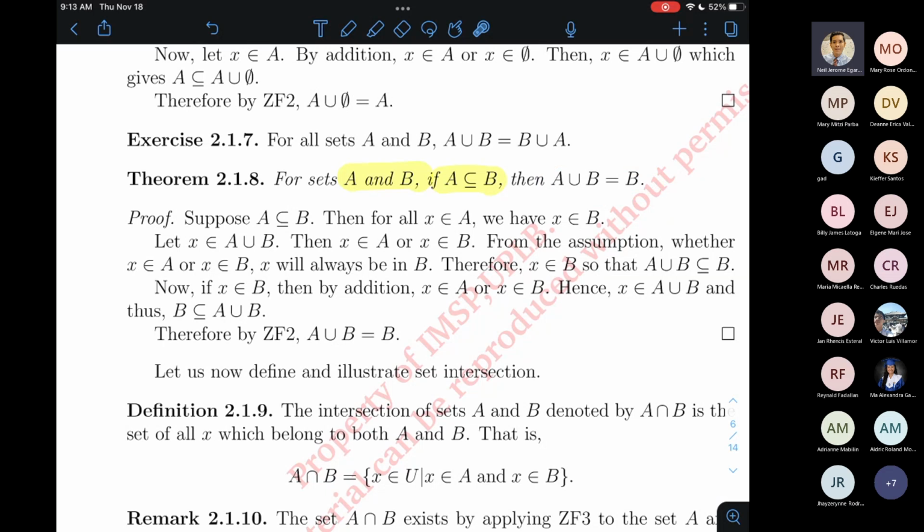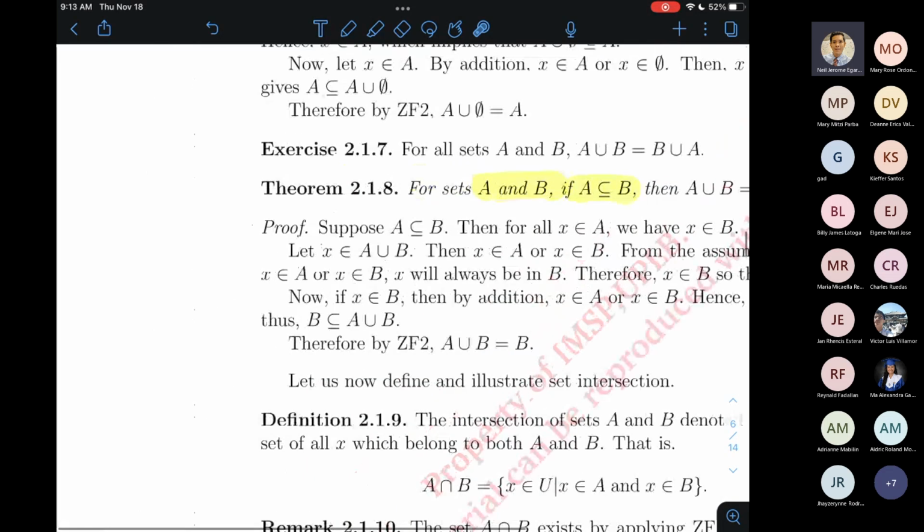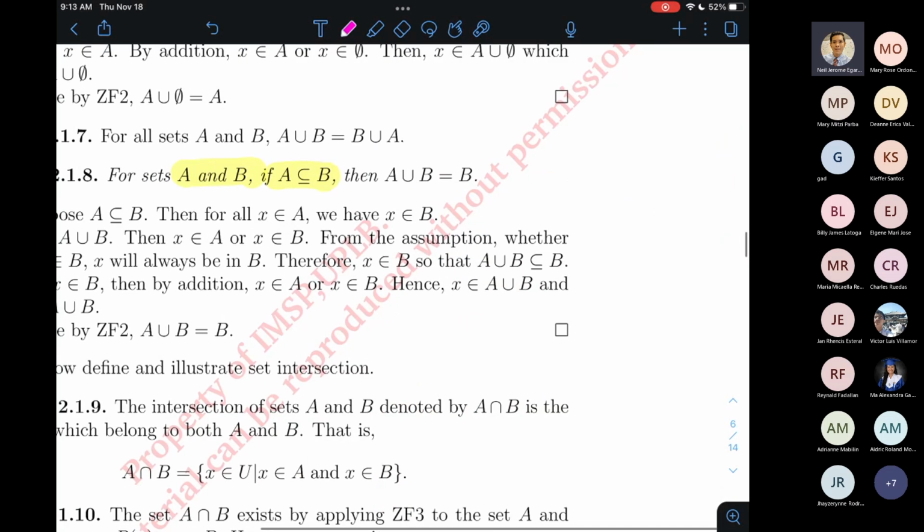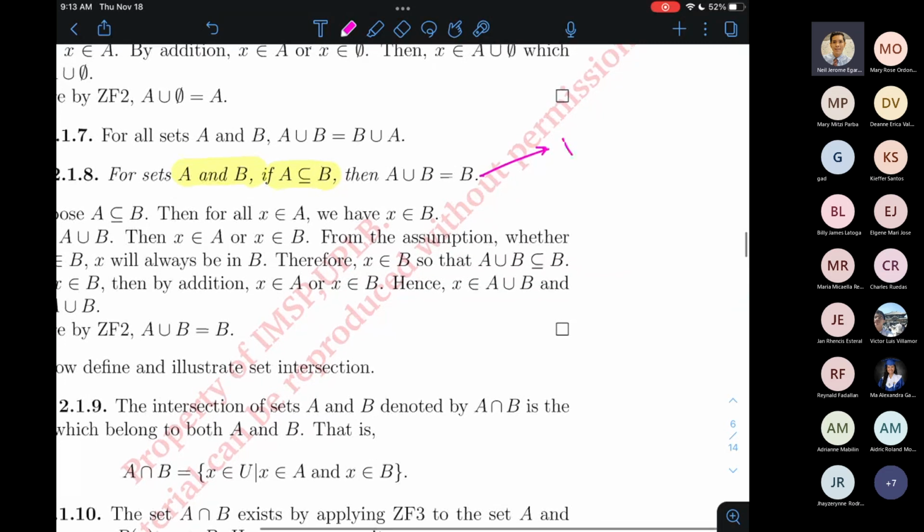So by ZF2 or the axiom of extensionality, gusto kong ipakita na X element of A union B if and only if X is an element of B. All right? But with the assumption that A is a subset of B. Okay? Tapos try natin gawin to via the definition lamang.